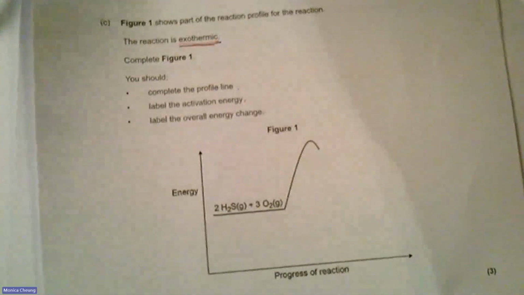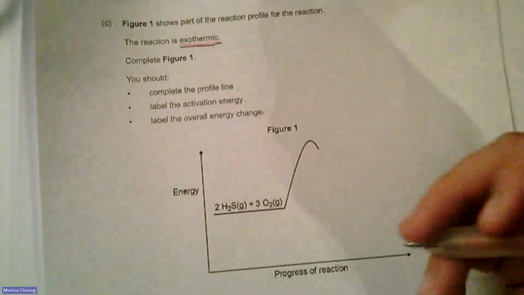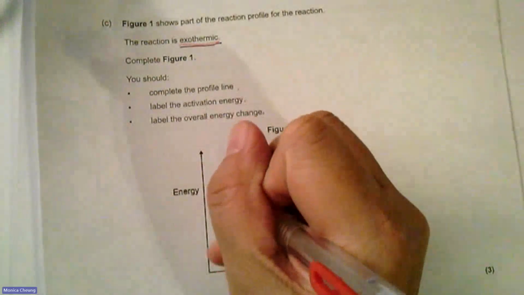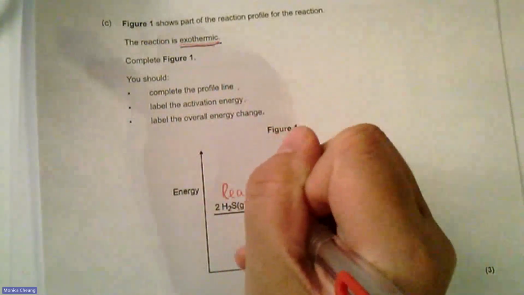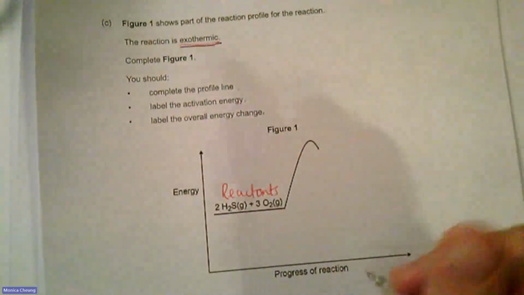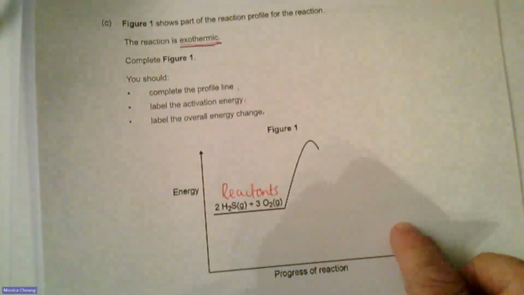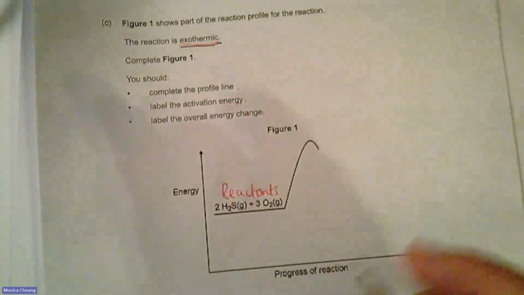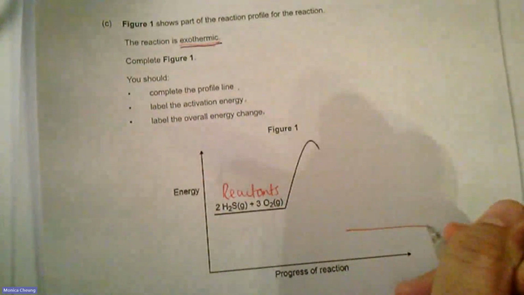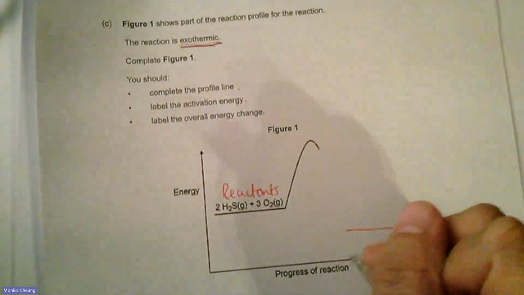First of all, because it's exothermic, we know that the products are going to be a lot lower down than our reactants. So we label it here, our reactants, so we know this is what we're starting from. Our products are going to be lower down because energy has been released. So I'll just draw it lower down somewhere, and then we write our products.